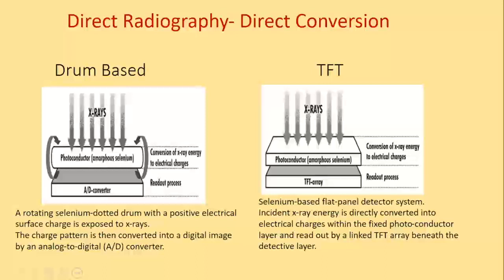I'll come to resolution a little later on. So essentially, what you're doing is replacing the CCD. No more CCD, but another new technology referred to as thin film transistors with a photoconductor. And the photoconductor in this case is selenium.